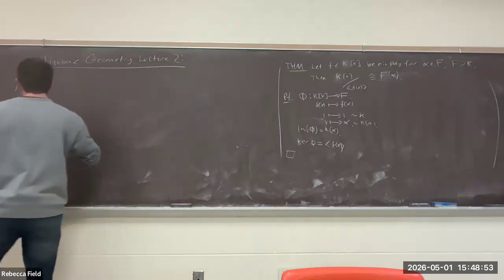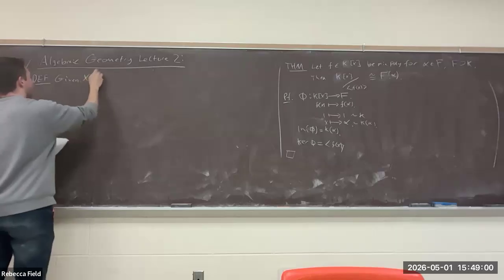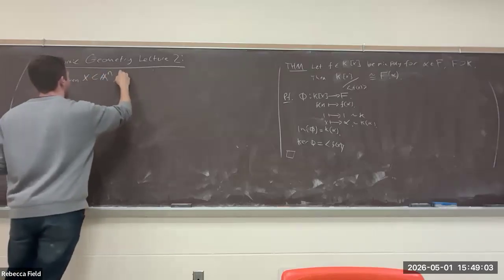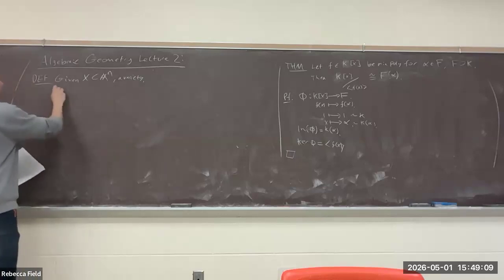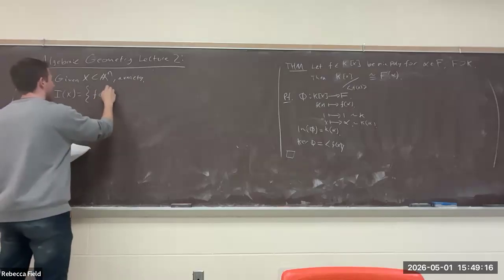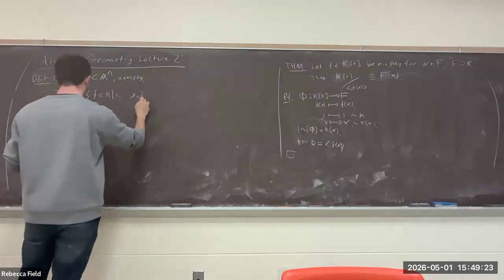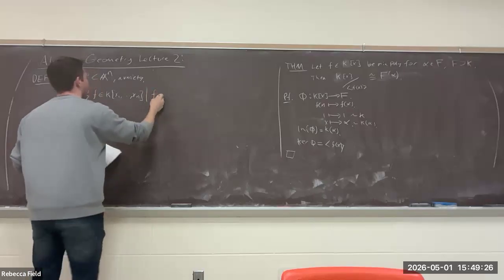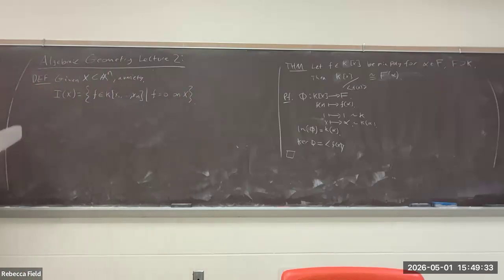Okay. So given X, a variety, affine or quasi-affine, we'll define the ideal of the variety to be the set of f in whatever our base field and polynomial ring is, such that f is 0 on all of X. So the ideal of a variety is the ideal generated by all of the polynomials vanishing entirely on it.